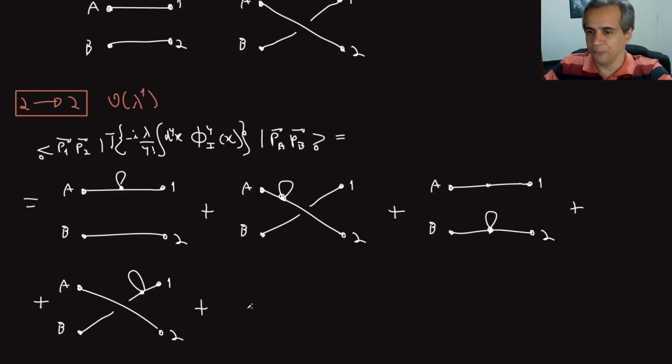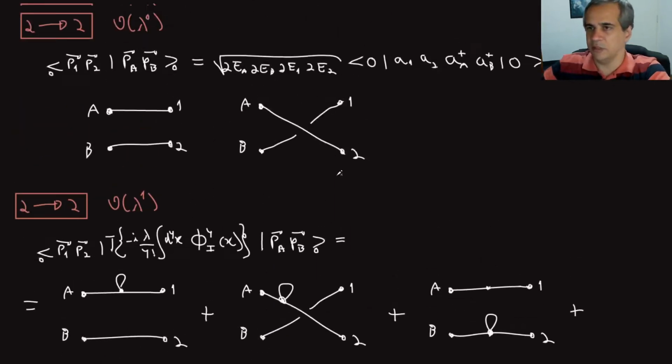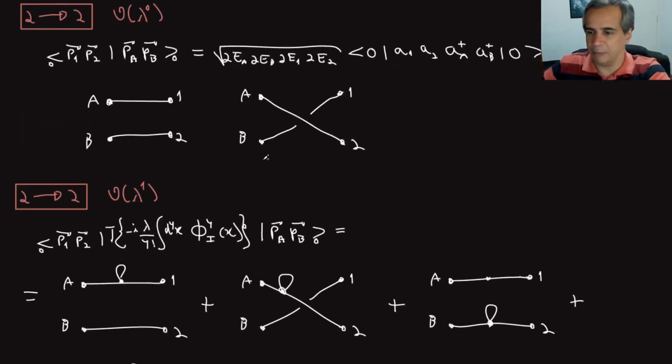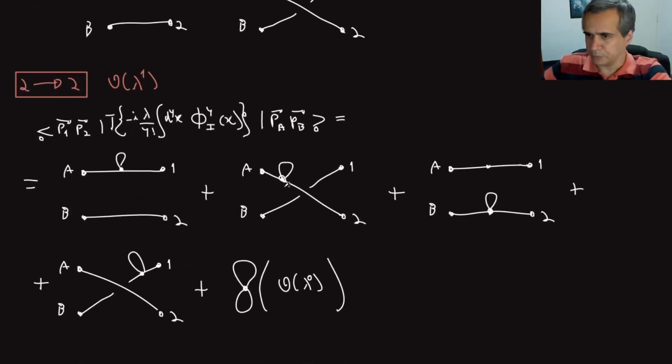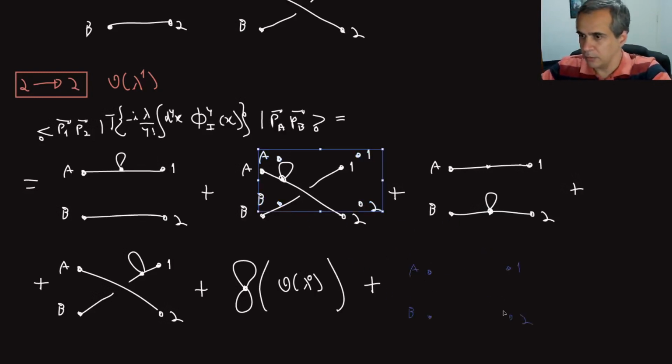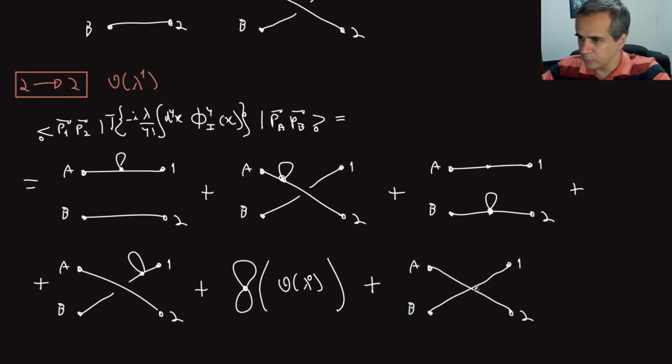There's also the possibility of having a bubble diagram times the order lambda 0 correction. So these 2 diagrams just multiplied by the vacuum bubble. And finally, there's also the option when I contract 2 fields there, 2 fields there, and get this with an actual vertex here.